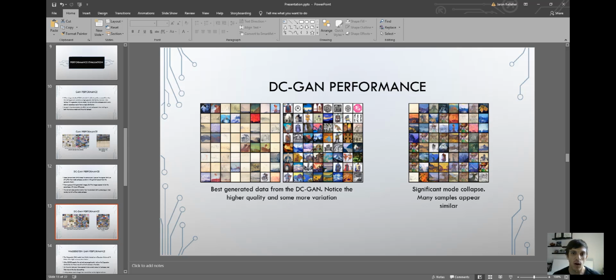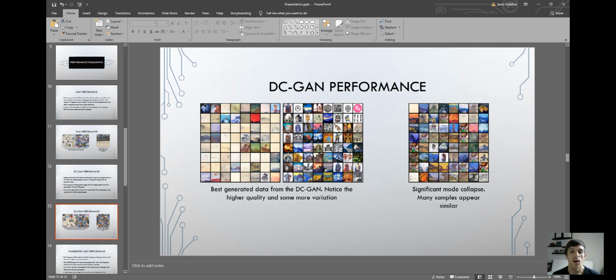You can tell right away there's a bit more variety in at least the highest rated DC-GAN images. On the left, you'll see a standard style throughout, but the contents of the imagery are a bit better, with a little more variety.